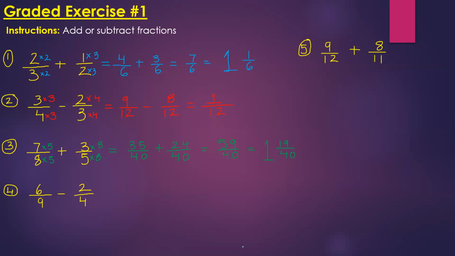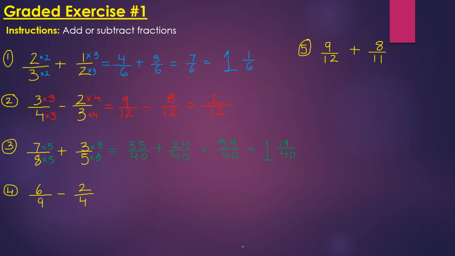All right, Deshaun, do number 4 for me, please. Where's Deshaun? Let me ask Darnie. Darnie, can you do the question for me, please? Number 4. The lowest common multiple of 9 and 4 is 36.